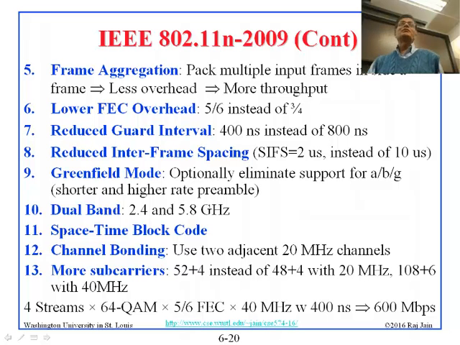Now you multiply each of these. 400 nanoseconds is not very easy to multiply, but compared to 800 nanoseconds, you have to see what is the symbol time, and this will come out as a fraction. So you put that fraction here. And then multiply all these numbers. Instead of 64 QAM, you put how many bits per hertz. And you will see that now you can get 600 megabits per second instead of the previous 55 or 54 or something.